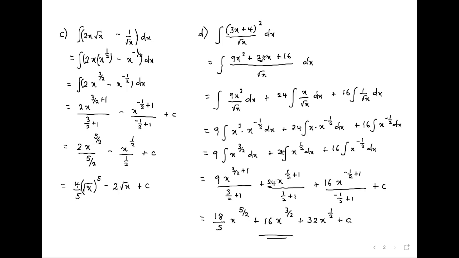Here, when we're expanding 3x plus 4, you get 3x times 3x, 9x squared. 3x times 4, 12. Again, 4 times 3x, 12. 4 times 4, 16. Then you add the 12x, 12x, you get 24x.